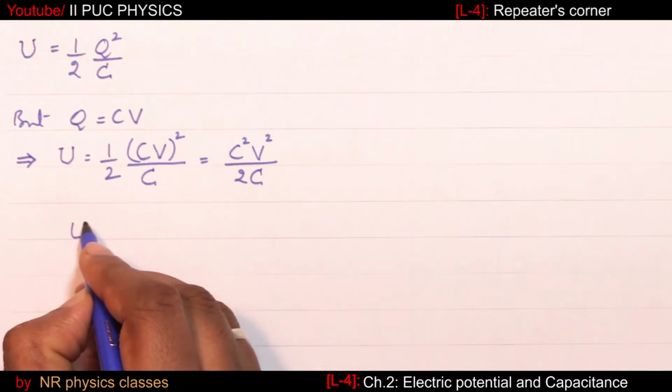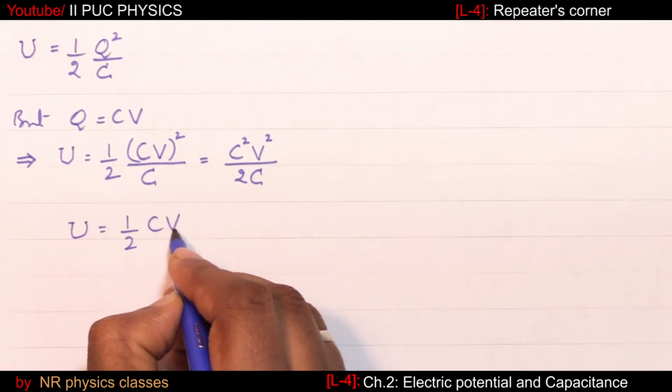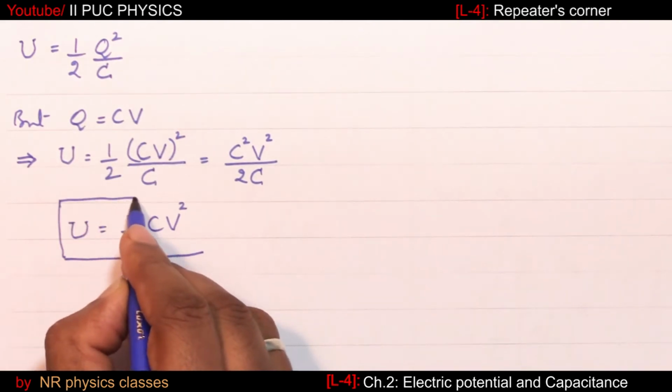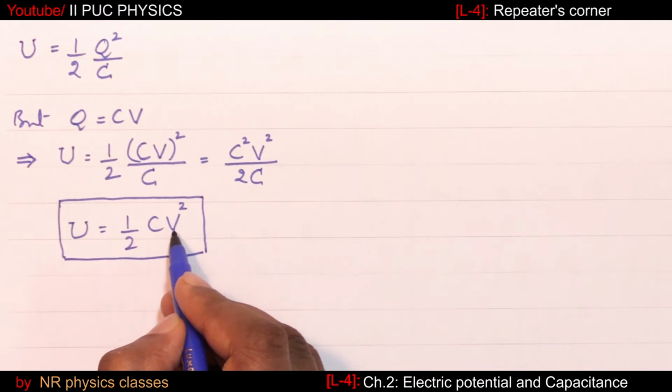Or potential energy equals half CV square. This is the expression for potential energy in terms of capacitance and potential difference.